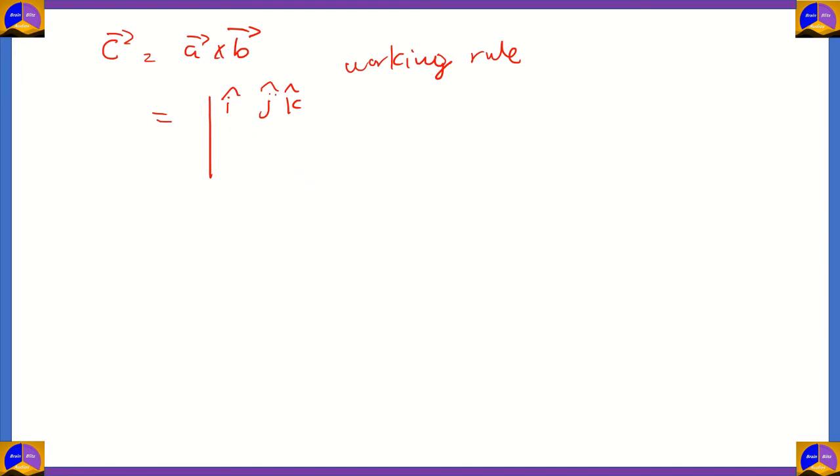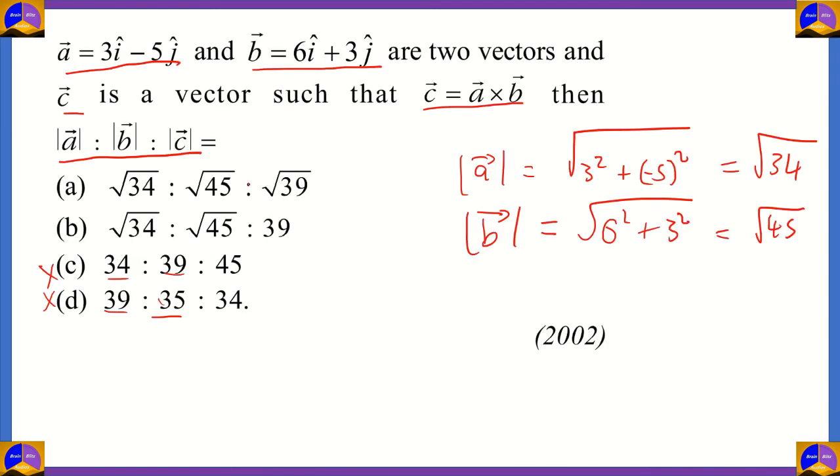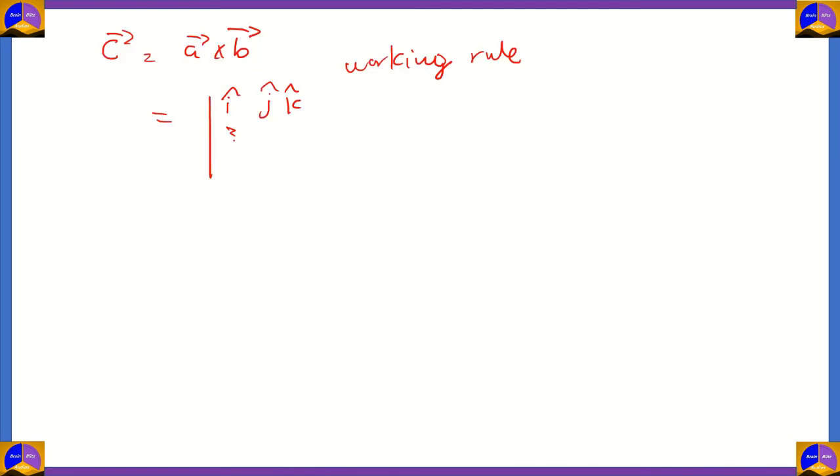So over here, A1, B1, C1 refers to the components of vector A, A2, B2, C2 refers to the components of vector B. So for this question, it will be 3, minus 5, and 0. And the third row will be 6, 3, and 0. So this is the determinant that we need to find out.